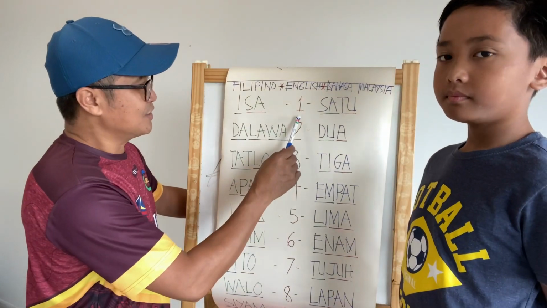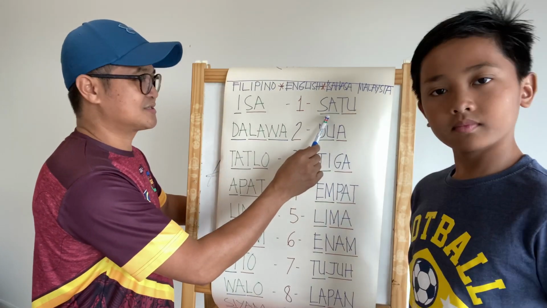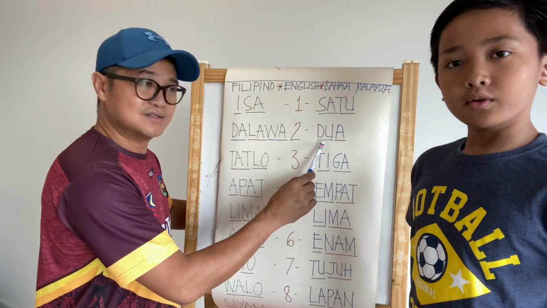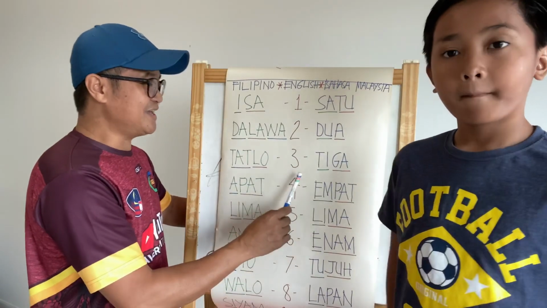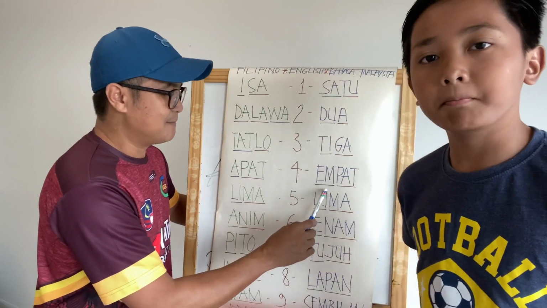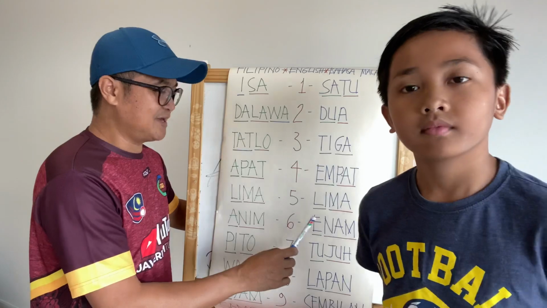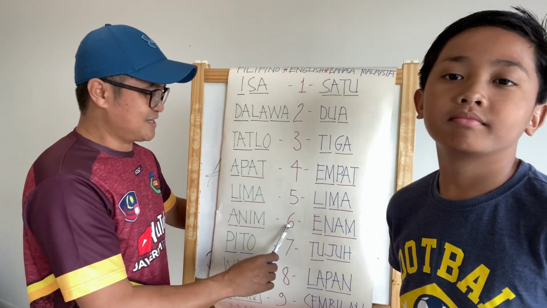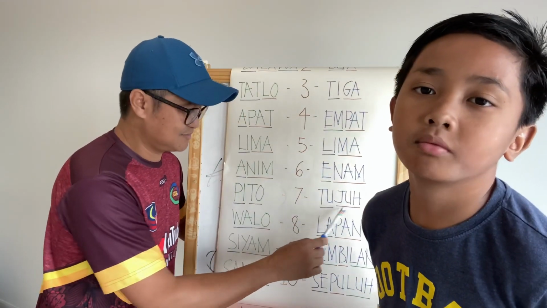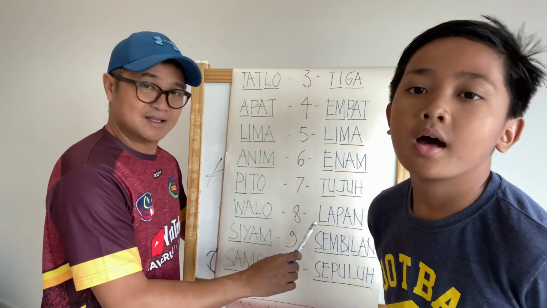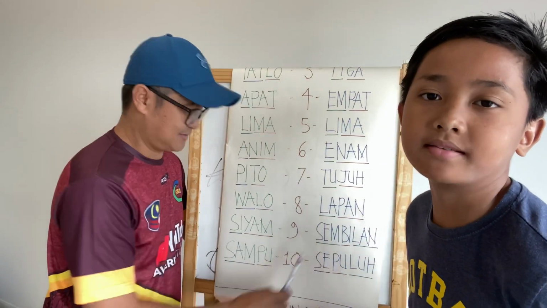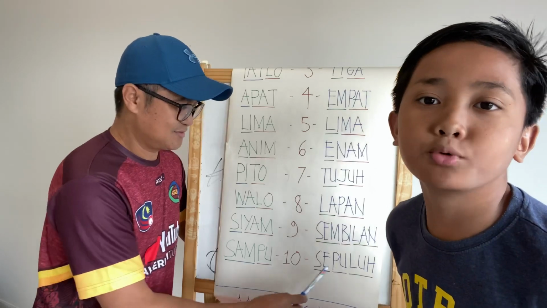If I say 1, it's satu. 2 is dua. 3 is tiga. 4 is empat. 5 is lima, which is the same as in Filipino. 6, enam. 7, tujuh. 8, lapan. 9, sembilan. 10, sepuluh.